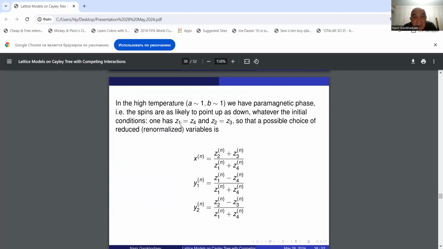In this case, for very high temperature, we will have such equality asymptotically: Z1 equal to Z4 and Z2 equal to Z3. So we can now renormalize our previous values like this one. Now X, Y1, Y2 will be already something finite, so we can investigate the limit behavior.